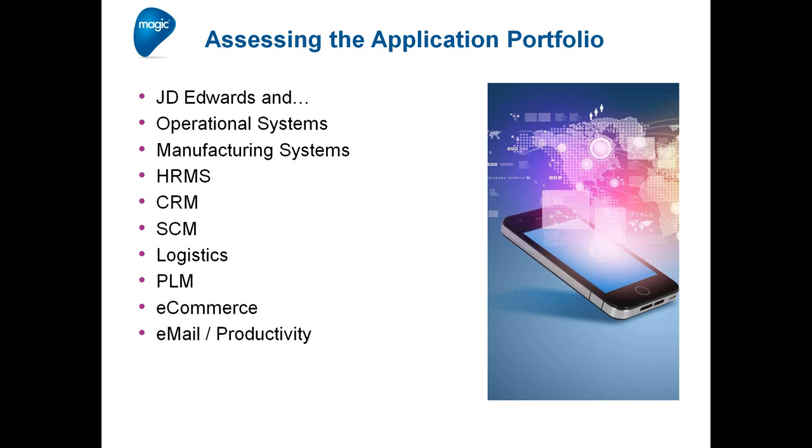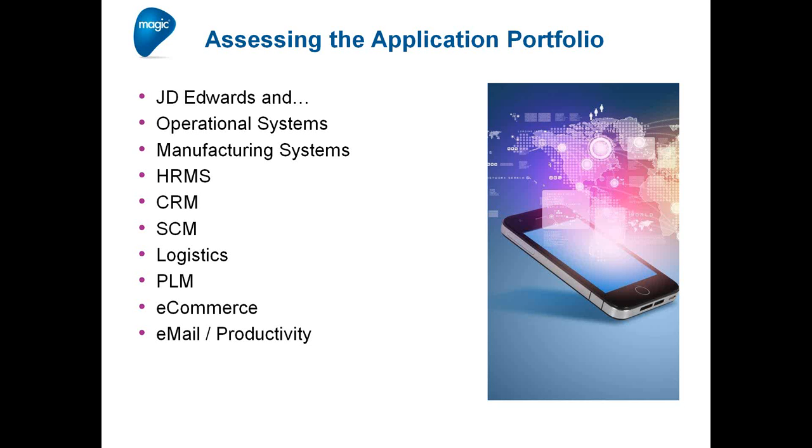So you need to assess your application portfolio. Look at what you have, what connectors and components are available from the various systems, and what's going to be required and needed. So you have not only your ERP system in J.D. Edwards, but you may have operational systems, manufacturing systems, specialized order processing systems, perhaps. We have many customers with those.